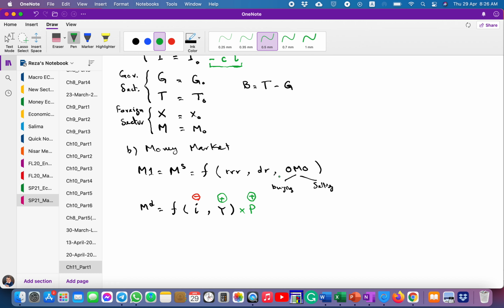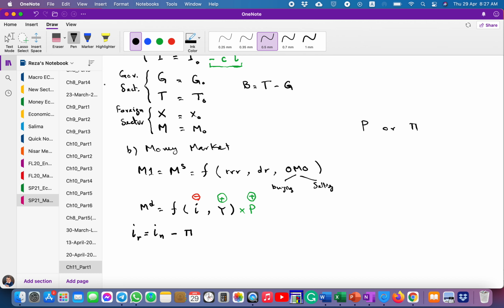So we see that suddenly we brought in the price variable, the price index, or even inflation, because for interest rate, we have the nominal interest rate. If we deduct the inflation rate, this is the Fisher equation, we talked about it earlier.